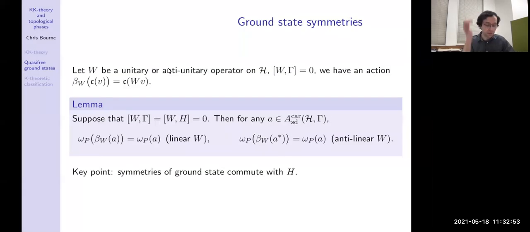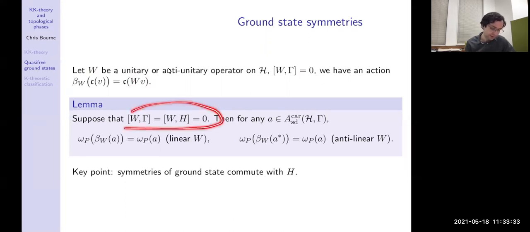Okay, so I now want to talk about symmetries of the ground state. We're going to start out with a unitary or anti-unitary operator again on our Nambu space, but it needs to commute with the real structure, so it should restrict to a representation on the real subspace of elements that are fixed by gamma. And again, you can define this quasi-free type action where I just act by a W inside of the field element.